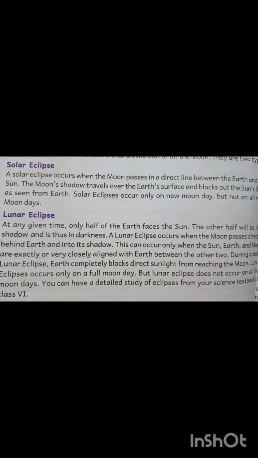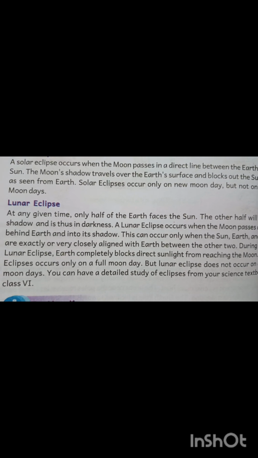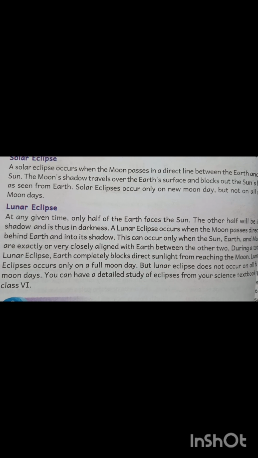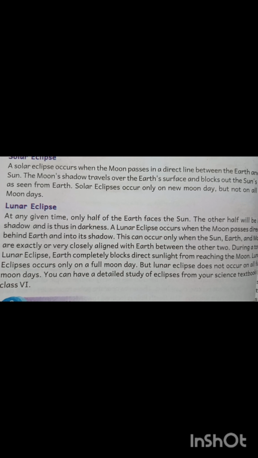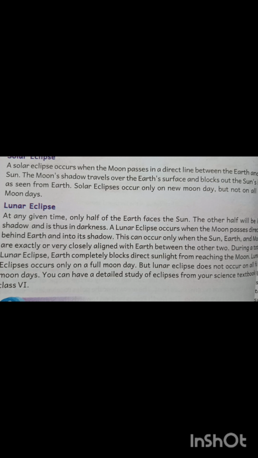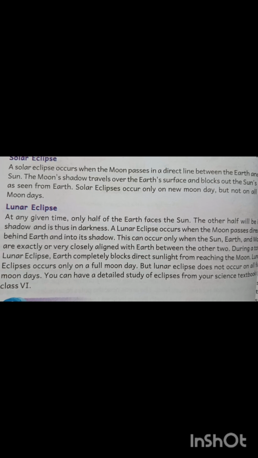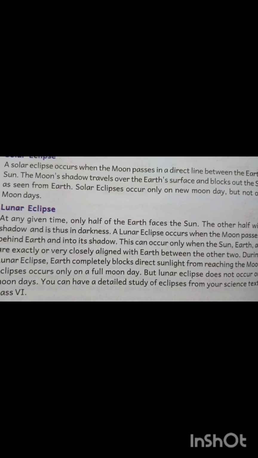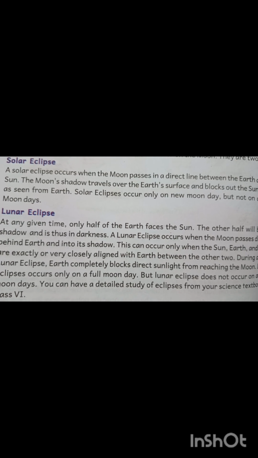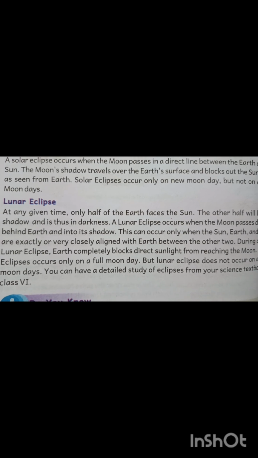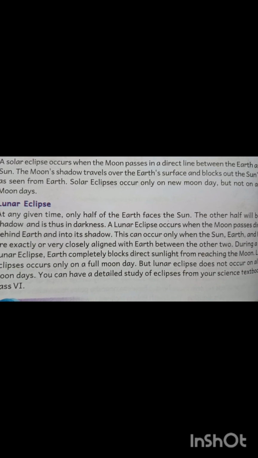During the lunar eclipse, the earth completely blocks direct sunlight from reaching the moon. A lunar eclipse occurs only on a full moon day, but does not occur on all full moon days. You can have a detailed study of eclipses from your class 6 science textbook.